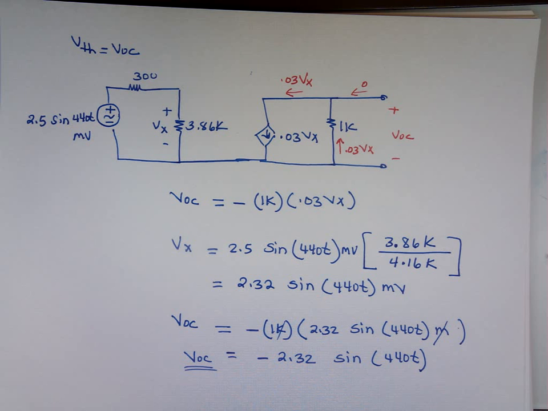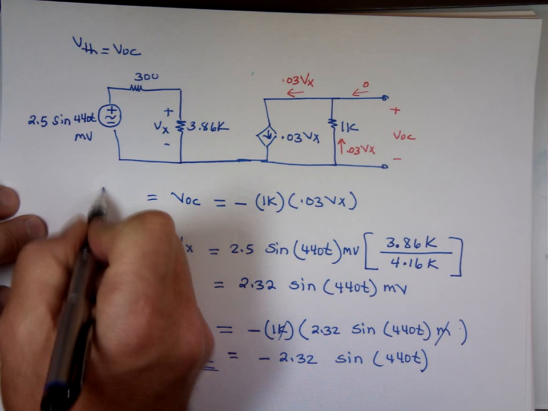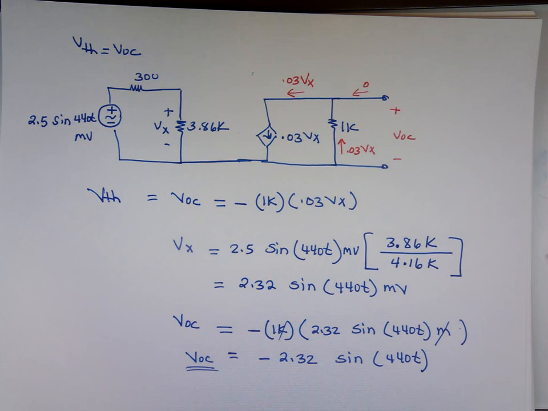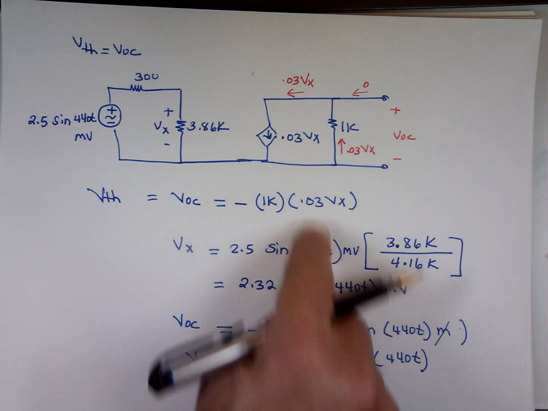That's V open circuit, which is V Thevenin. What happened to 0.03? I don't know, I lost it.